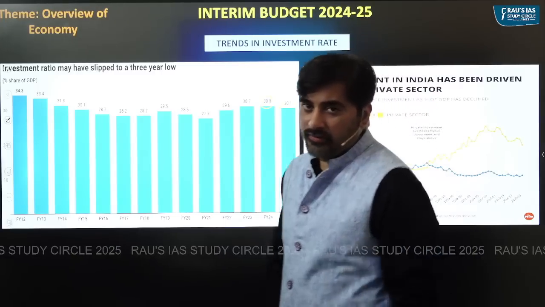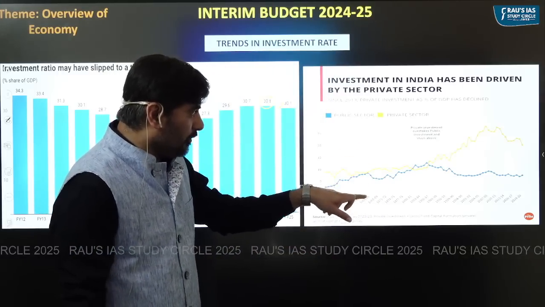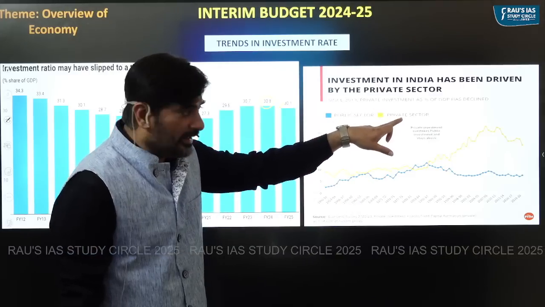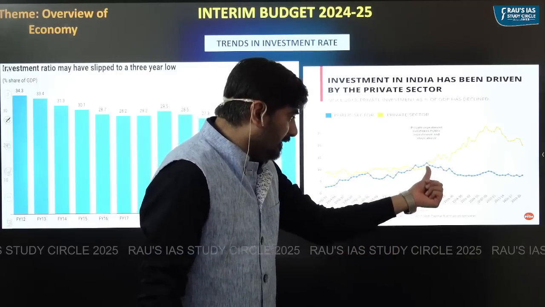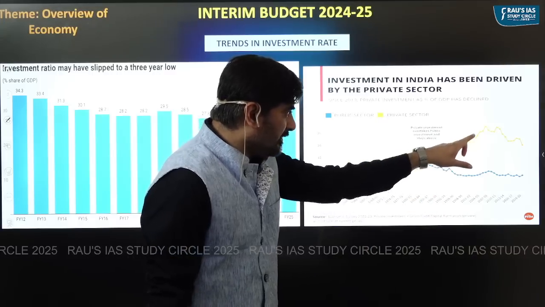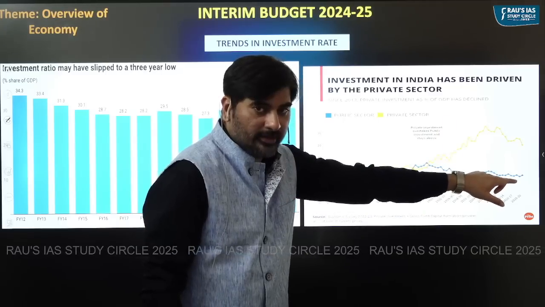Why it has reduced is because this graph shows the share of both public sector as well as private sector investment. And you can very well see from 1986 onwards, generally the private sector investment has been more than the public sector investment.